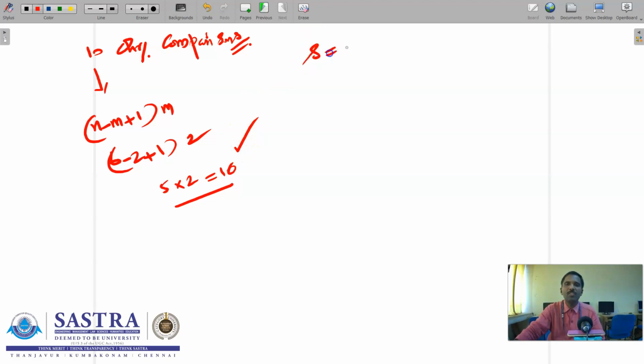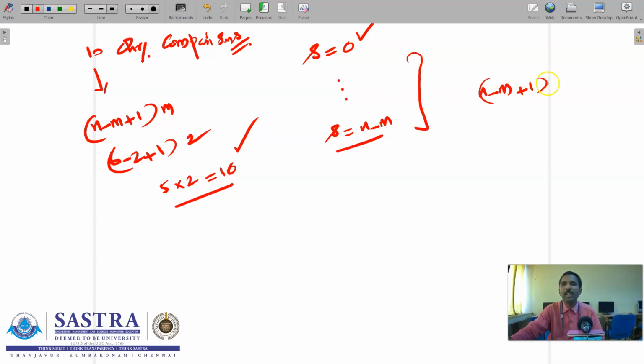Since the initial shift starts at S equal to 0 and the last shift is n minus m, totally there are n minus m plus 1 shifts. In each shift we are comparing m characters, so m character comparisons are performed.